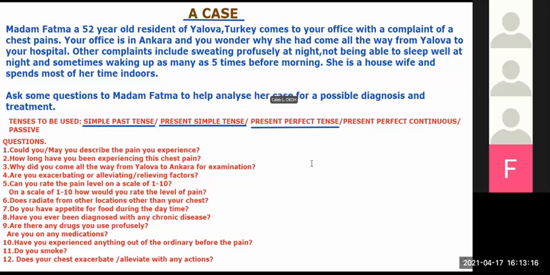Now, my focus here is not about the role play because that's what we're going to practice a lot later on. My focus here is how you are going to ask the questions, especially when it comes to the passive structures and the present perfect structures. If you realize what I was doing, I was asking Bashak the questions from the answers she gave me. So every time she says an answer, I get a question from the answer.